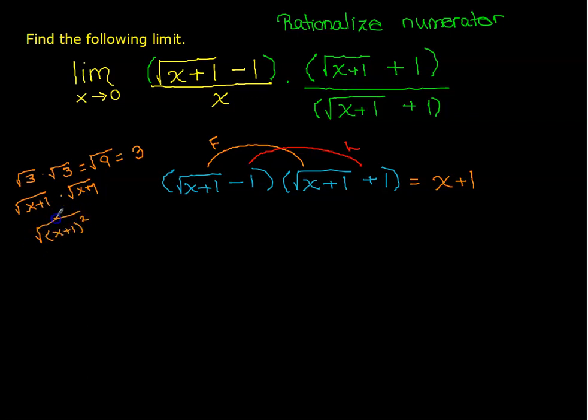So squares and square roots get rid of each other, leaving you with just x plus 1. All right, and then last, negative 1 times positive 1 is negative 1. So combining like terms, x plus 1 minus 1 will just give me x. So this numerator is just going to be x. I'm going to bring down the limit as x approaches 0.